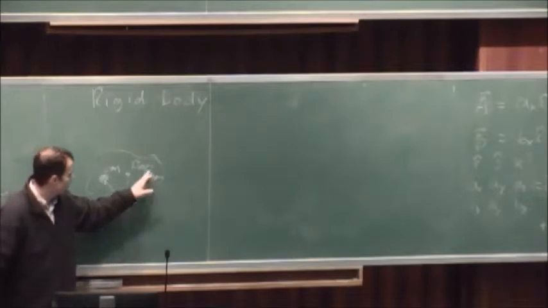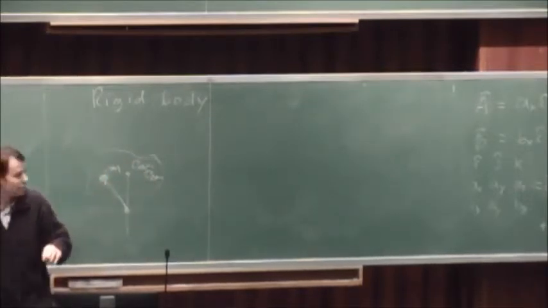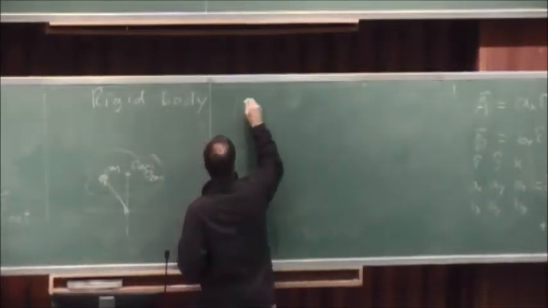I can find the little angular momentum for mass 1, the angular momentum for mass 2, the angular momentum for mass 3, and so on and so forth. But let's look at the total angular momentum.